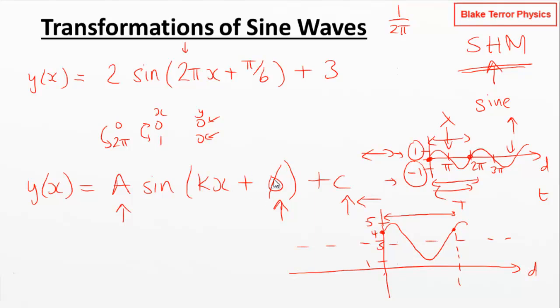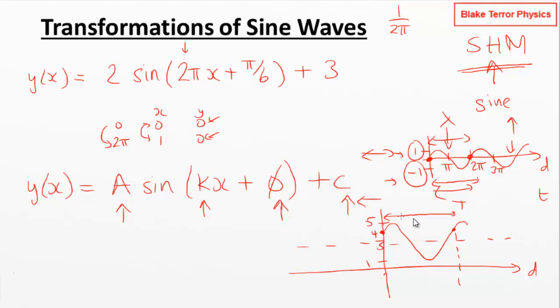So that's why we're using a phi there. It's talking about our phase that we spoke about in the previous video. And then we've got this k here, which is going to have something to do with the frequency or the wavelength, depending on whether we're looking at our wave profile or oscillator profile. So we've got all of that happening.